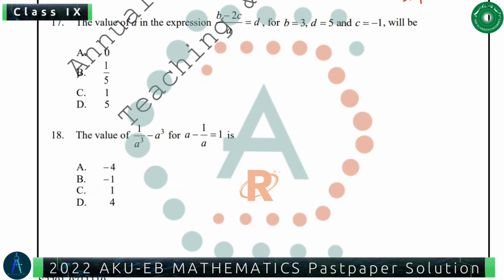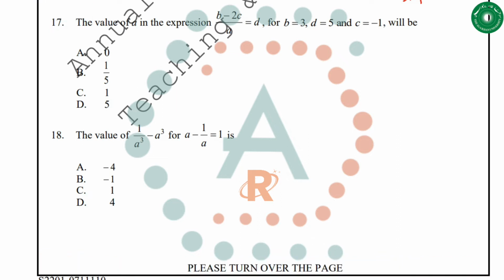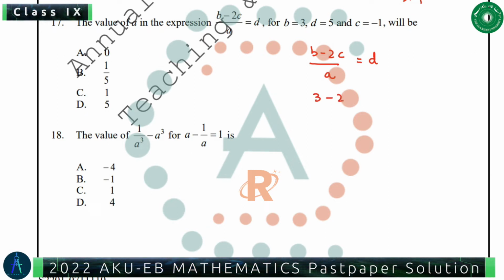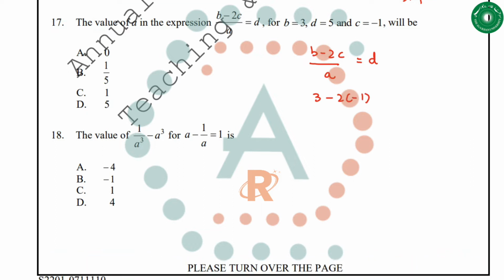Find the value of a in the expression, for b equals 3, d is 5 and c is minus 1. So b minus 2c divided by a is equal to d. Let's put the values of the variables. b is 3 and c is minus 1, divided by a equals d, that is 5.